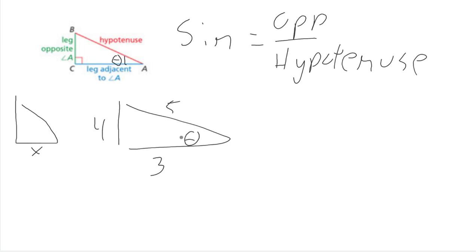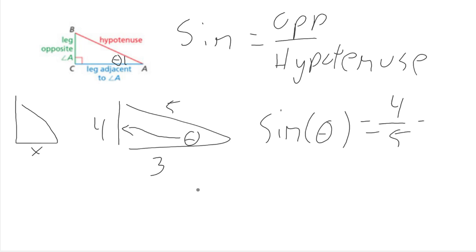The sine of theta would be opposite, which is 4. So the sine of this theta would be 4 over 5, or 0.8.